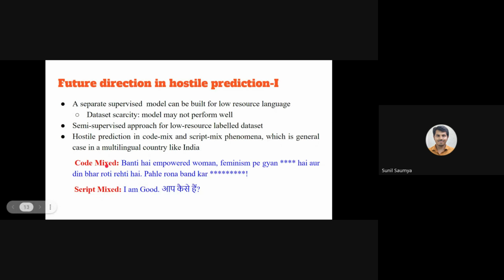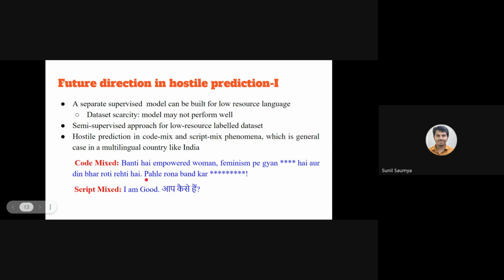For example, a code mixed sentence is written as "Banti hai empowered woman, feminism pe gyan," and then there are some vulgar words maybe, and some other words in the sentence. You can easily see that this code mix sentence is actually a Hindi sentence, but written in the English or Romanized script. This kind of data is known as code mix data.